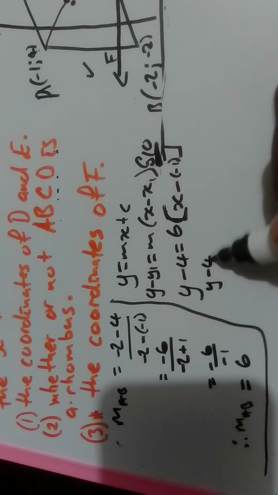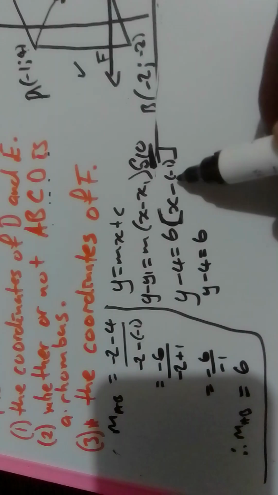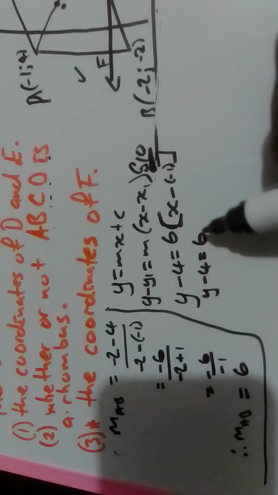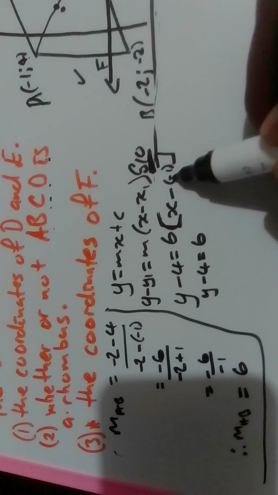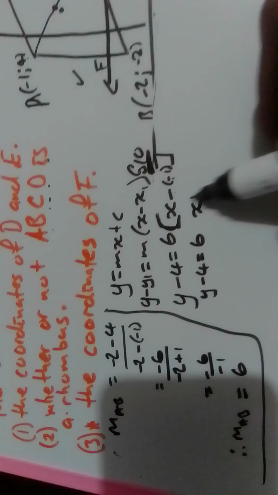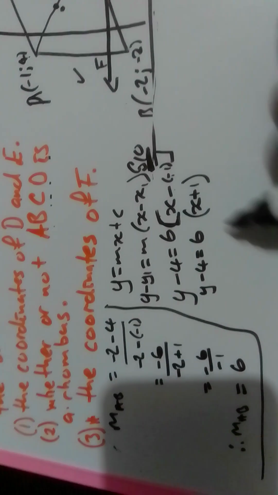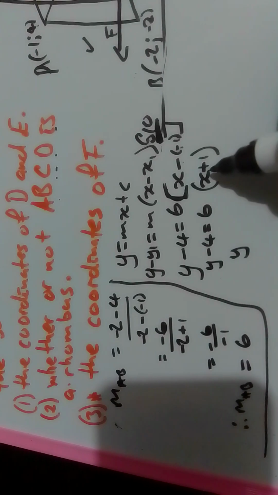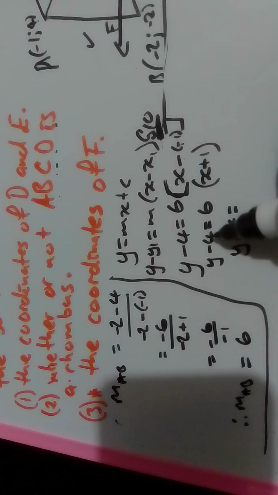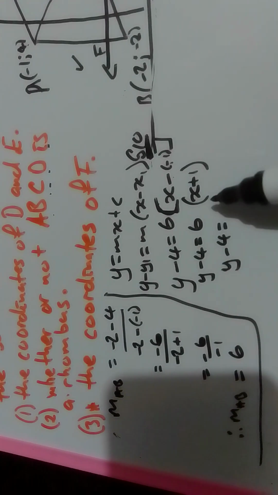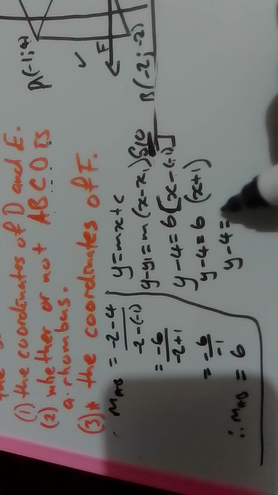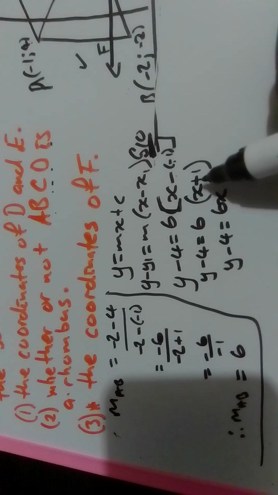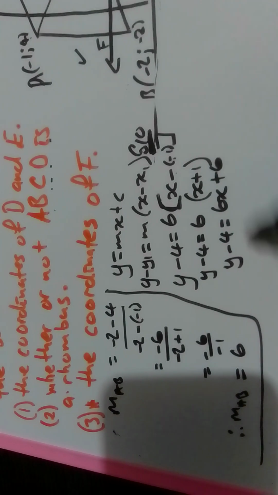So now I've got y minus 4 is equal to 6. Remember, I must start in the brackets. Negative, negative is a positive. So now I've got x plus 1, like that. Next thing, what am I going to do? I'm still having brackets, so I can't do anything else other than deal with the brackets. 6 multiplied by x, which is 6x. 6 multiplied by 1, which is a positive 6.